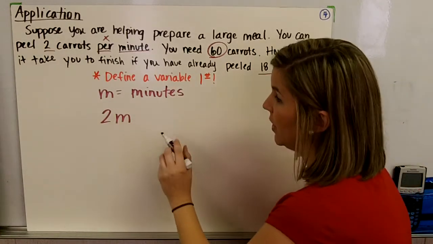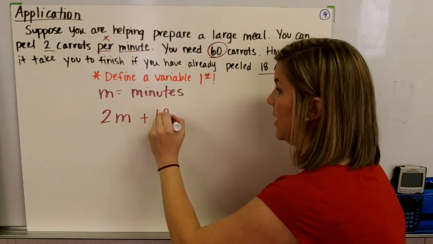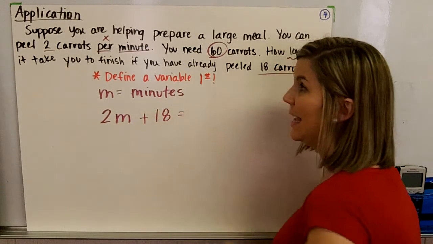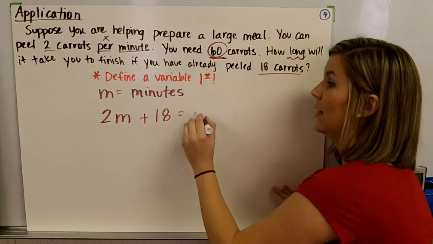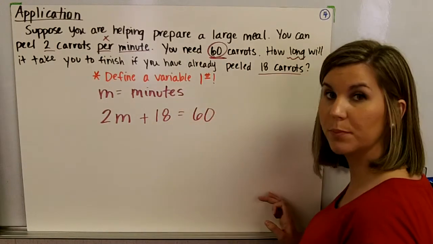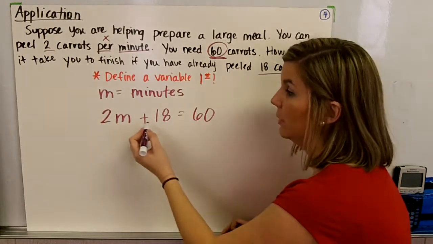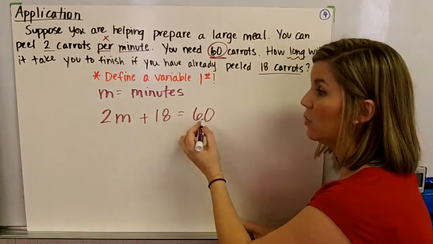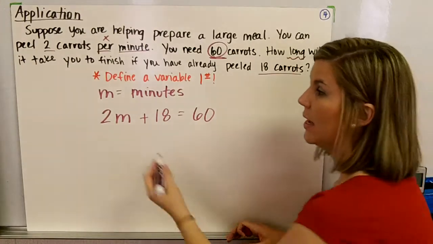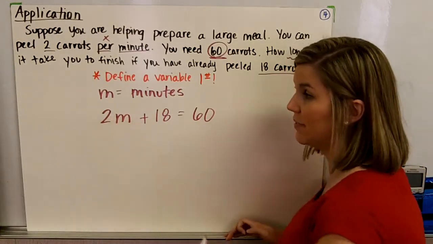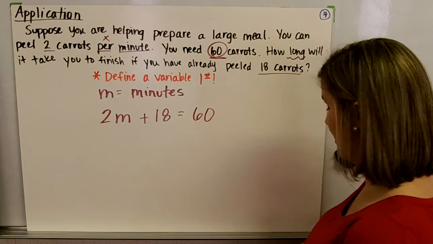So 2 per minute plus the 18 we already have has to equal our total, 60 carrots. So 2 for each minute plus the 18 we have equals a total of 60 carrots. And now we want to find out how long, so we need to find out what M is.